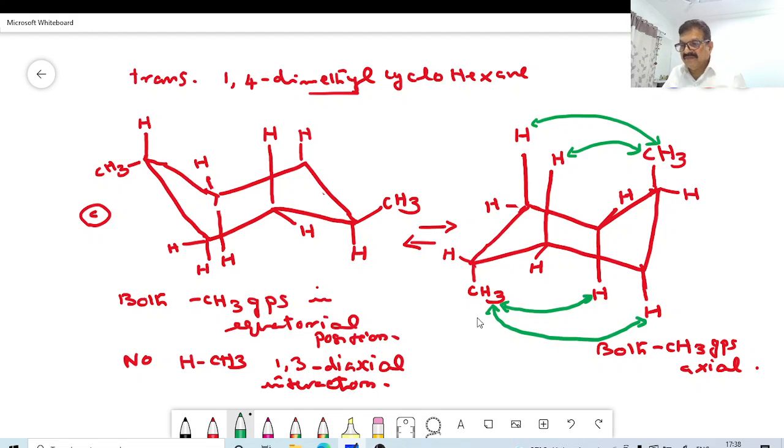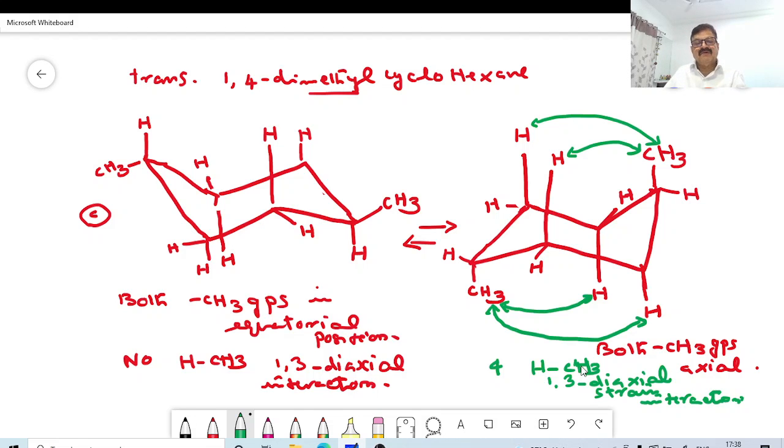So there will be four hydrogen-CH3 1,3-diaxial strain interactions. So this is the one for the dimethyl cyclohexane trans conformations.